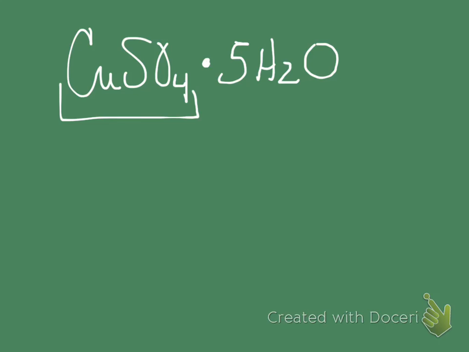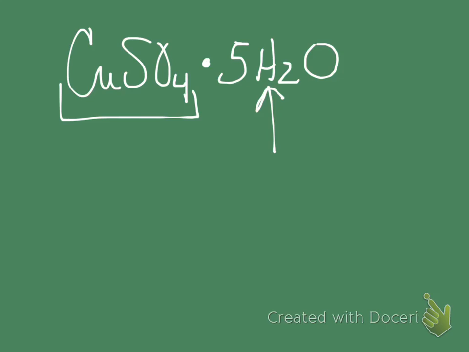So what we know is that for every 1 unit of CuSO4, it's going to absorb 5 units of water. So when I hand you 100 grams of copper sulfate 5 hydrate, some percentage of that mass is actually just water and can be driven off.